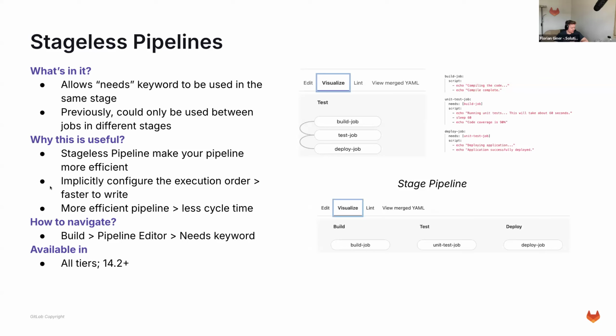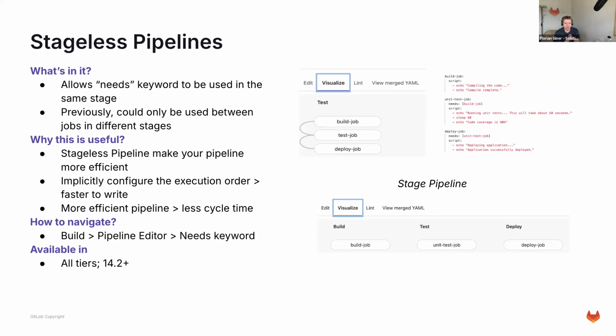Now, there is also another concept which is called a stageless pipeline. You get a stageless pipeline pretty much if you don't define stages, and you use the needs keyword to specify all of the dependencies. Why this might be useful is you can make your pipeline more efficient.